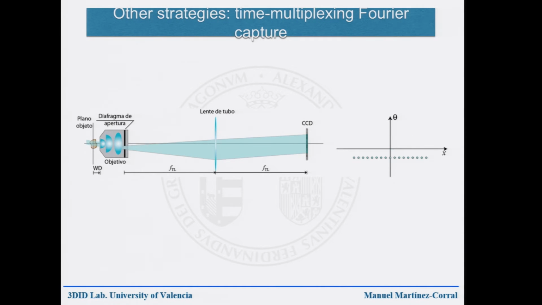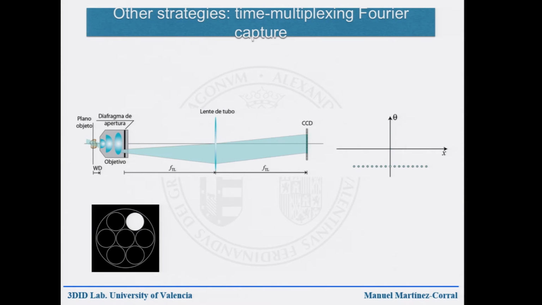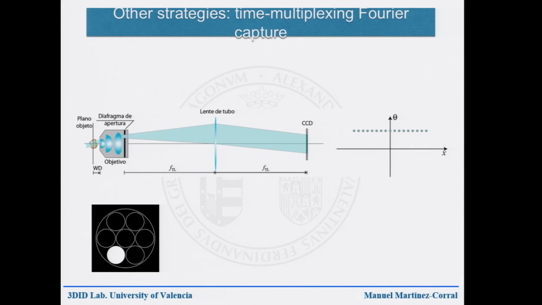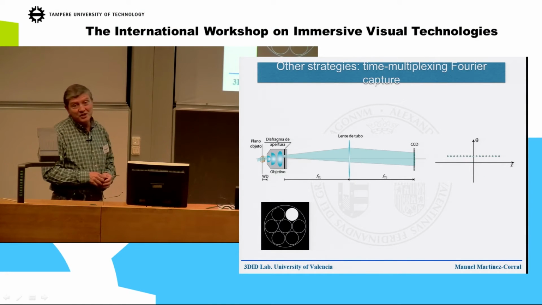I think I have here a movie. So if we implement some kind of dynamic system for windowing the aperture stop of the microscope, then we will be able to obtain many orthographic views of the sample with very high spatial resolution.